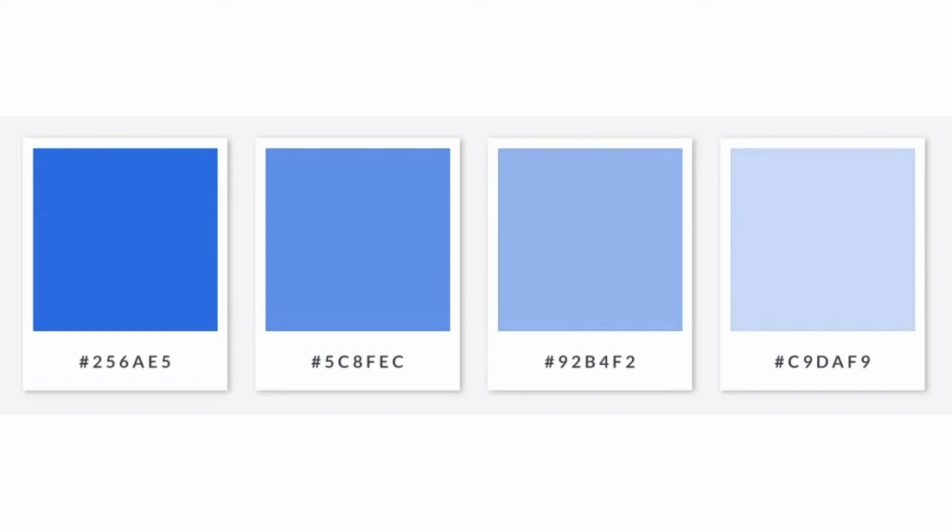Depending on how you do it, you can either work with saturation or with lightness. If you're using greater saturation, the most saturated one, in this instance the one on the left, is the one that stands out the most.